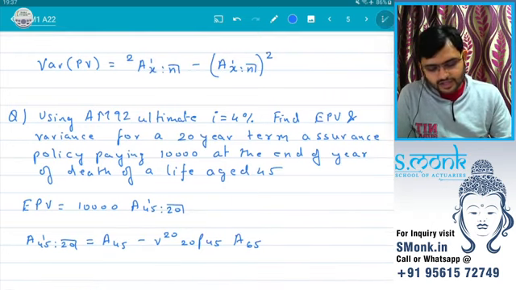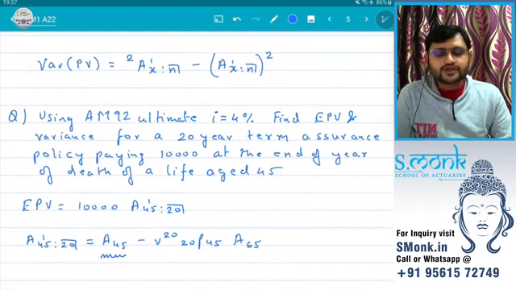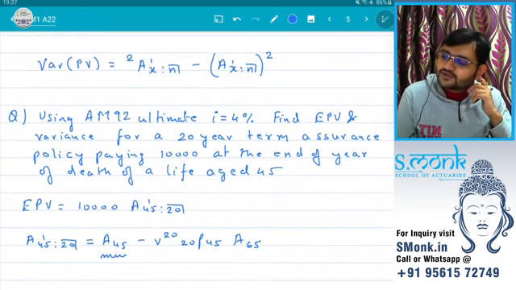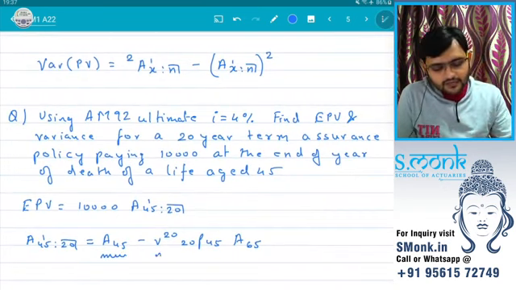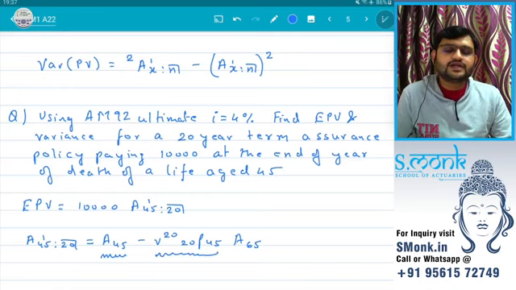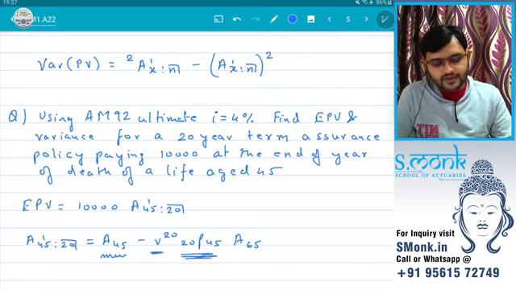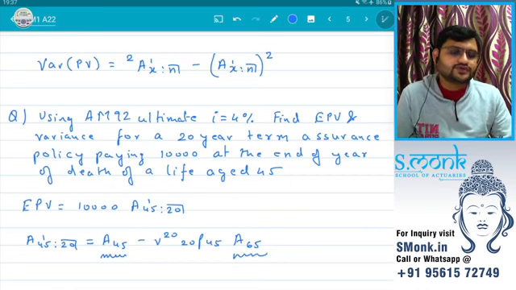Now what is this saying? Whole life assurance to a person who is aged 45, but if the person survives for 20 years, discounting for 20 years, then subtract the future whole life assurance. Future whole life assurance was going to be A65.